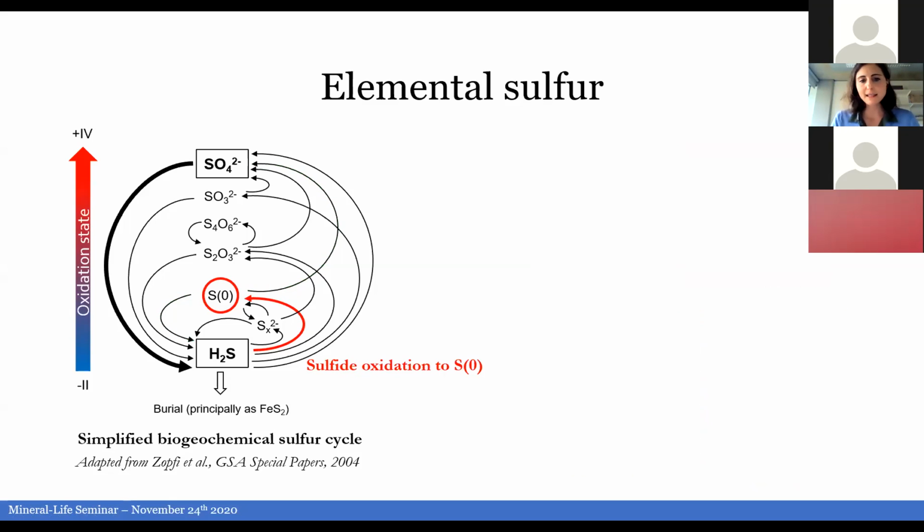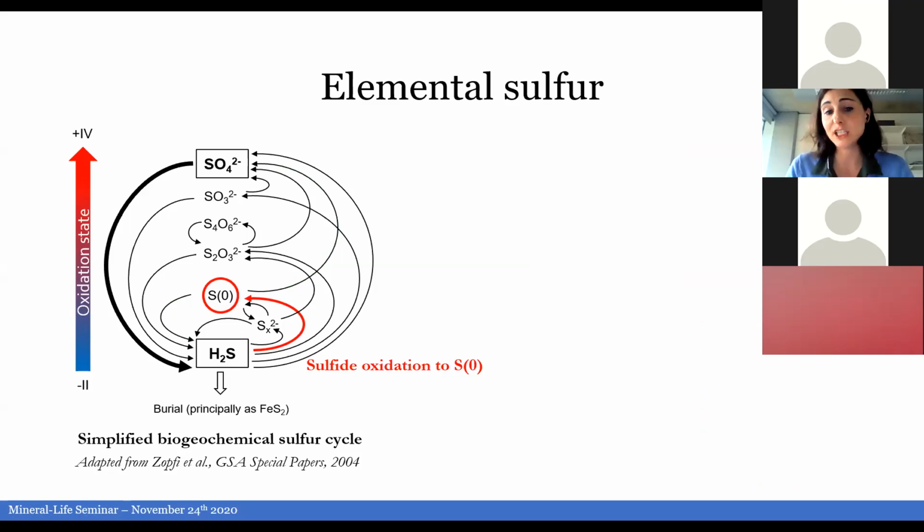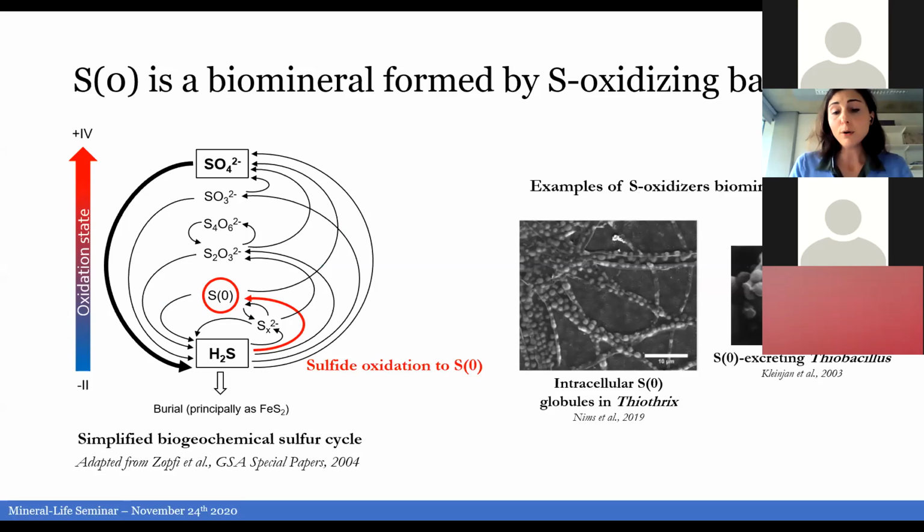So, as I said, elemental sulfur is a mineral that's formed by oxidation of more reduced species like sulfides. And this oxidation can be either purely chemical, if you have an oxidant like oxygen or oxidized metals, or it can be mediated by bacteria. And we know many sulfur oxidizing bacteria that can form elemental sulfur as a biomineral.